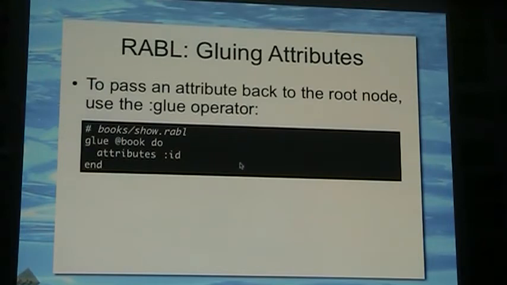And then glue. Sometimes you may need attributes on the very top level of your endpoint. In this case, if, for example, I wanted ID on the same level as the object root, I just go glue ID.